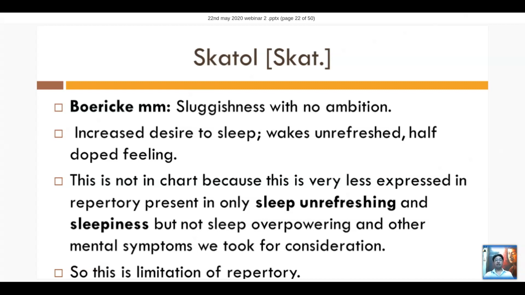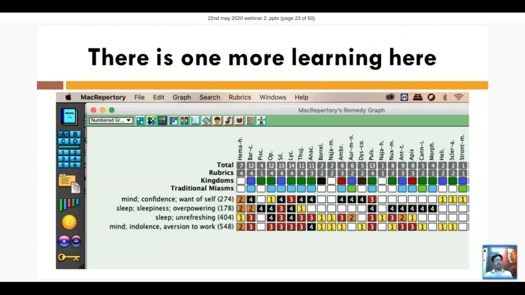So this is the limitation of the repertory, and the limitation of our understanding, that we don't know when to prescribe a polychrest and when not to. These are very important things to understand. Now look into this chart again. There is one more thing to learn from this repertorisation chart.